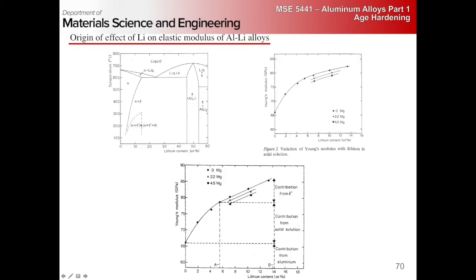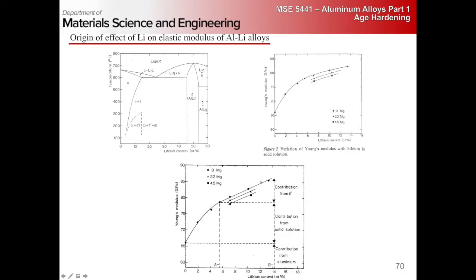So we're in this regime here, in this alpha plus delta prime, and this is the contribution of solid solution up to 14% lithium from solid solution strengthening, right? And with and without the addition of magnesium, you can see that's a fairly dramatic increase in stiffness, right?